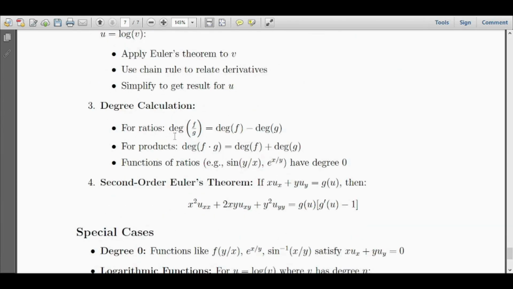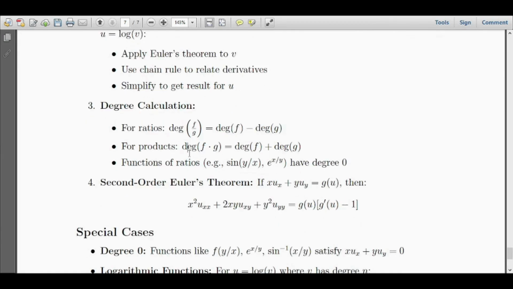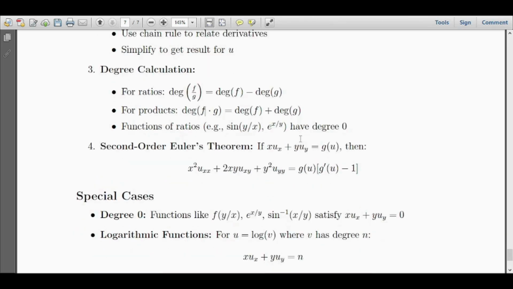So these are the shortcuts. If any function is a rational function of the form f of xy by g of xy, then the degree of f/g is the degree of the numerator, that is degree of f, minus the degree of the denominator, degree of g. If we have a product of two functions f and g, then degree of fg equals degree of f plus degree of g.